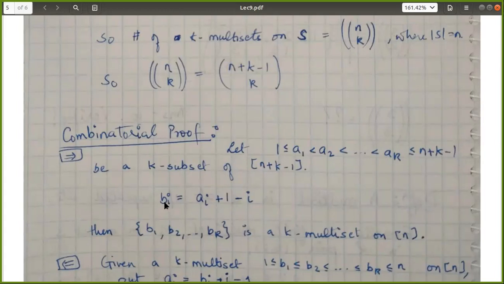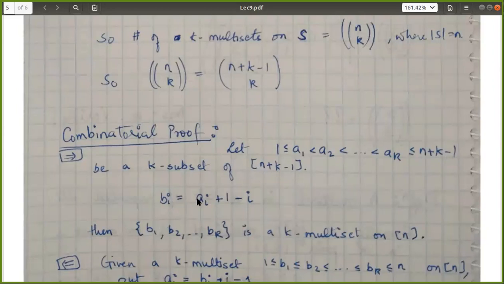My first observation is that each of these bi's is at most n, even though my AK could have been as large as n plus k minus 1.